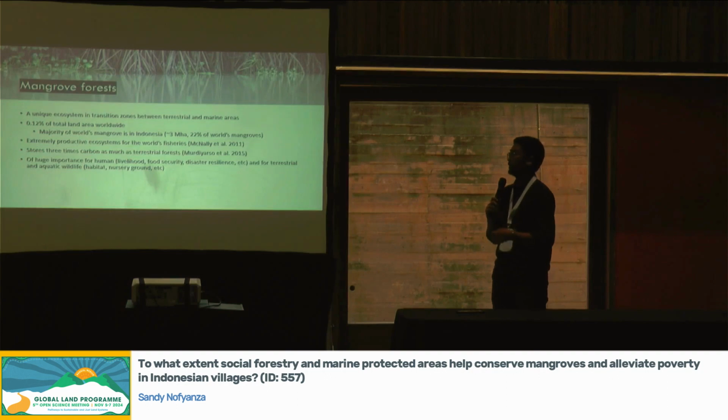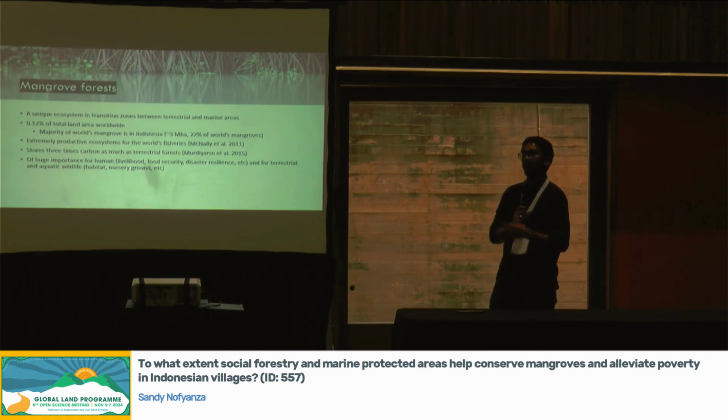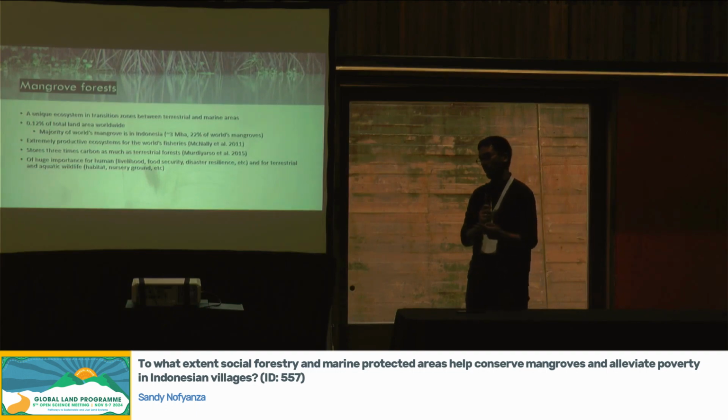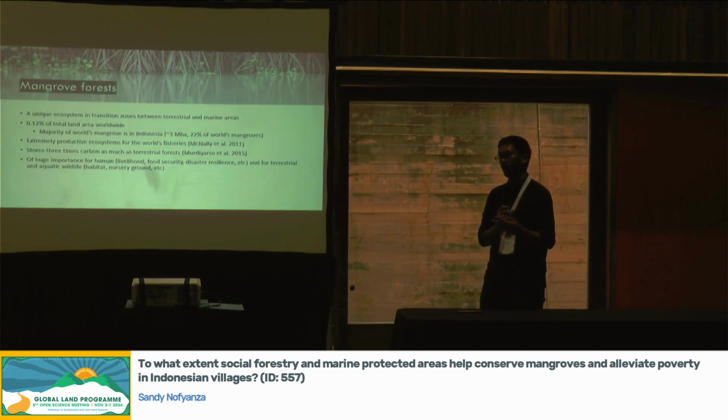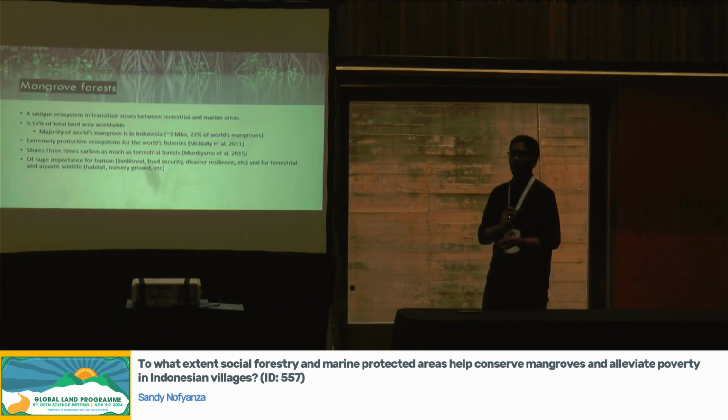So mangrove forest is a unique ecosystem, and most of them are located in Indonesia. They store carbon more than terrestrial forests. They have the ability to do that. They are also super important for fish production.